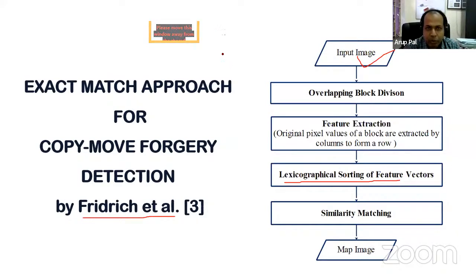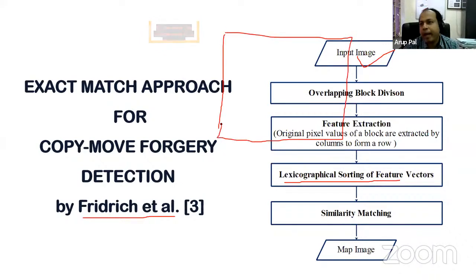Now, I want to show you the process with this particular example. Suppose this is my image background, and suppose I have a content like this. I have copied this content and put it in this particular region.